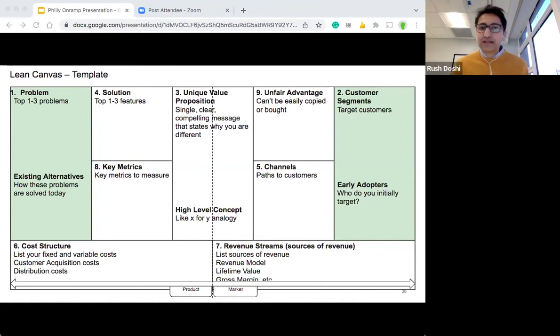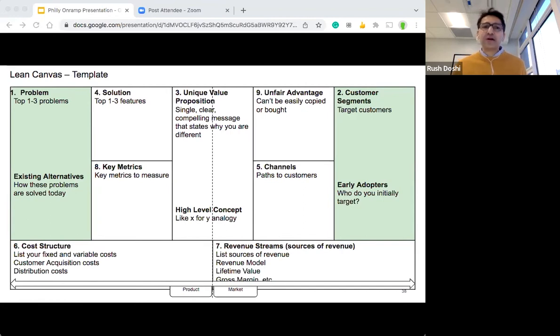I'm not going to go through all of these right now. We could share this afterwards, but the thing to think about is that the numbers here are the order in which you should go through this canvas.